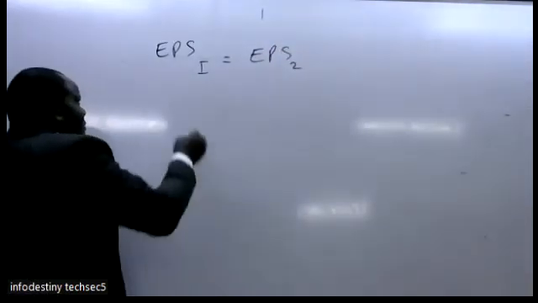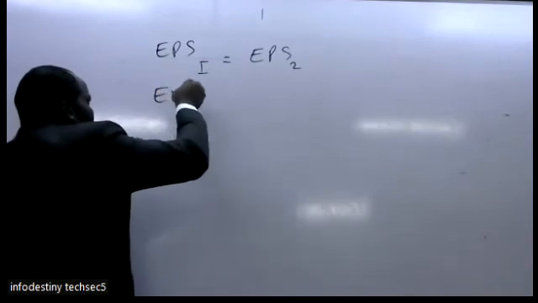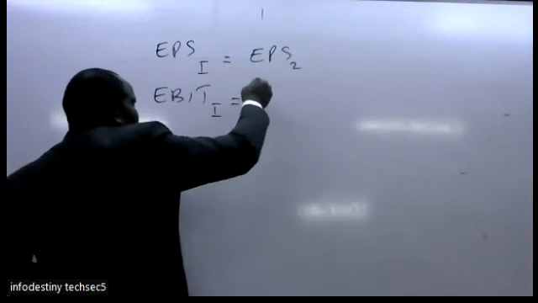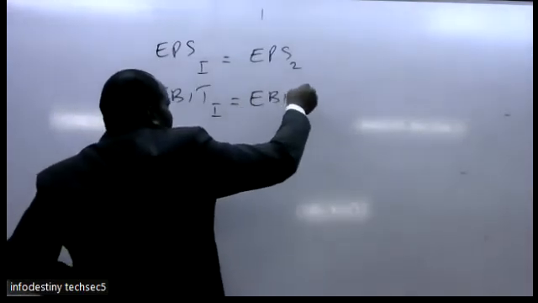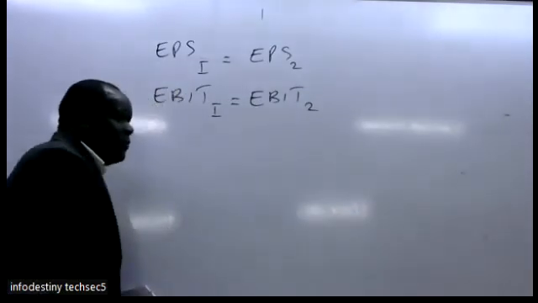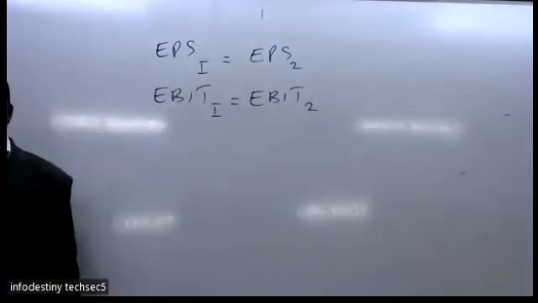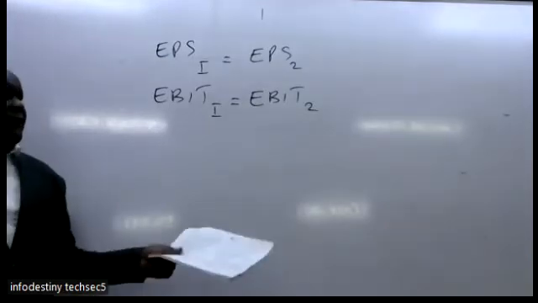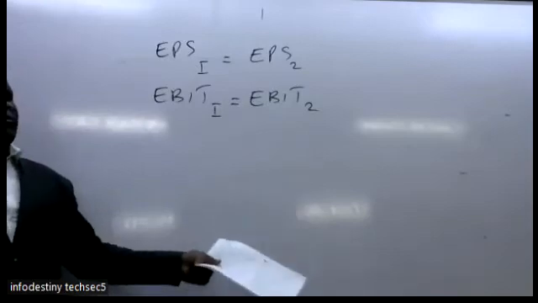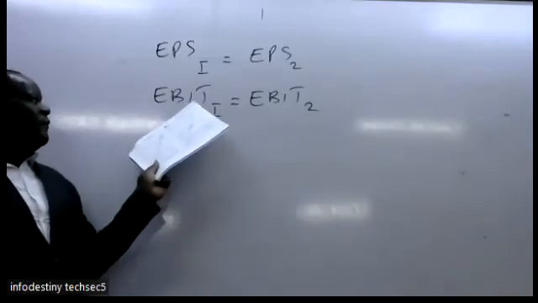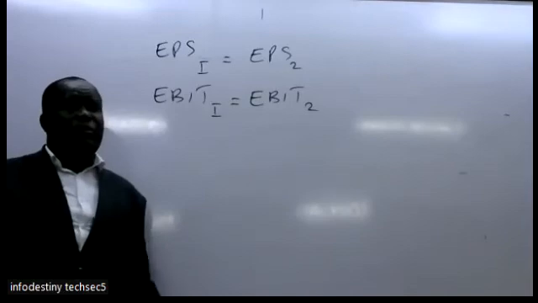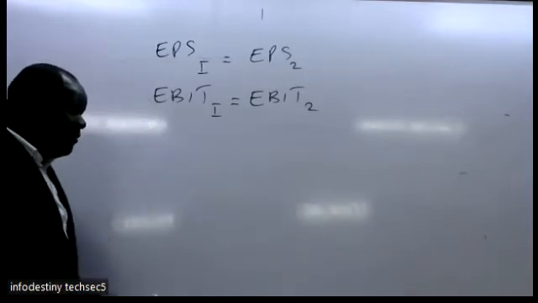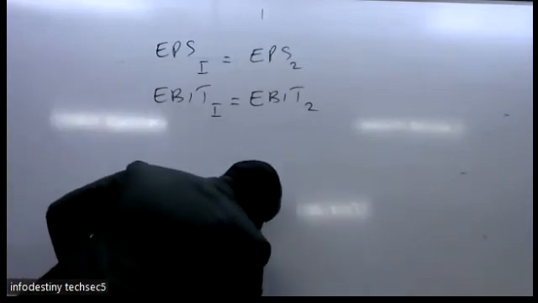Also, earnings before interest and tax for option 1 will be the same as earnings before interest and tax for option 2. That's the implication of the point of indifference. So we shall be computing the two items for both to show that point of indifference.